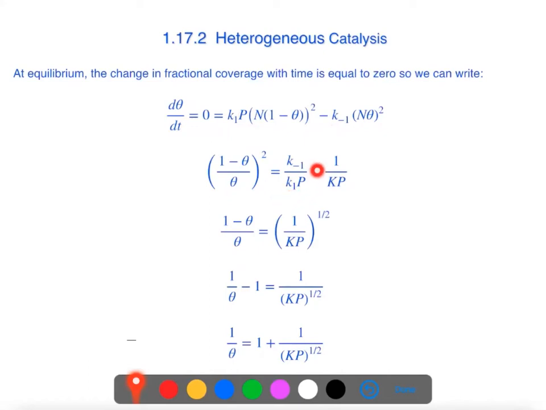We can introduce the equilibrium constant for the ratio of K1 over K minus 1. So we're left with that being equal to 1 over the product of the equilibrium constant and pressure. And then we do a few rearrangements until we end up with this particular form of the expression, 1 over theta being equal to 1 plus 1 over the square root of Kp.